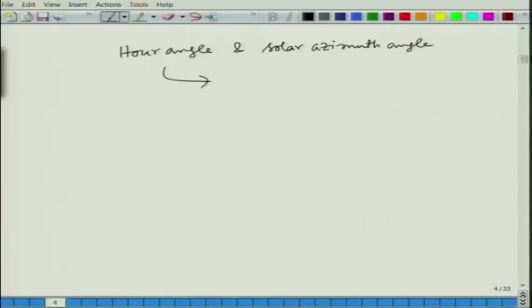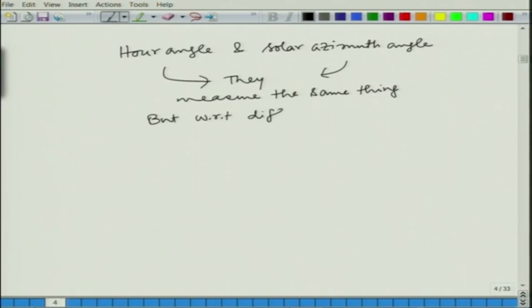So, they measure the same thing, but with respect to different reference frames. That is the difference, reference frame. Okay. So, it is expected that both will have the same sign.